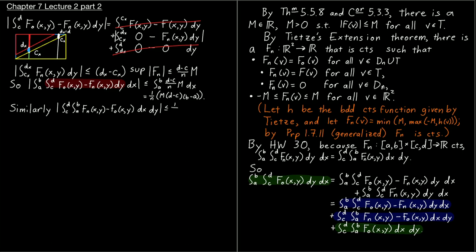That is bounded by exactly the same thing. So the two things we care about, the two integrals of f naught in the two directions, that's less than or equal to 1 over n times, not quite the same mess of constants.